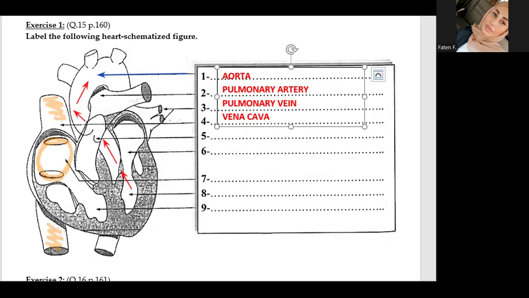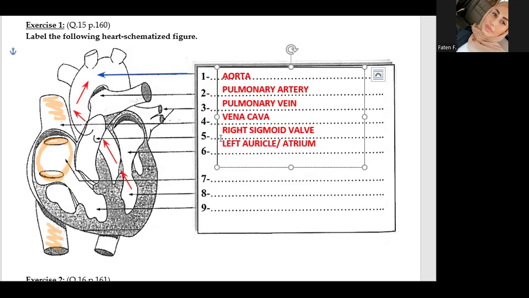Let's continue. Number 5, it is the door between the right ventricle and the pulmonary artery, so this is the right sigmoid valve. Number 6, it's the left auricle, or atrium if you want; we call it atrium as well.